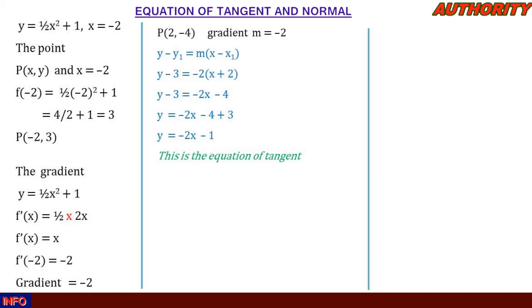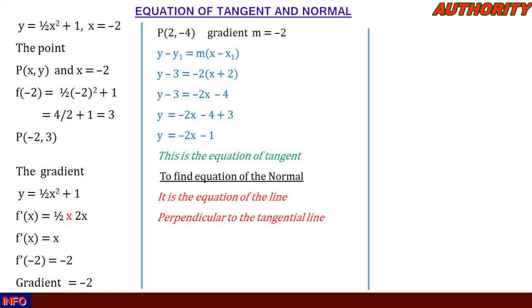The next thing remaining is for us to find the equation of the normal. The equation of the normal is the equation of the line that is perpendicular to the tangential line. It is the equation of the line that is perpendicular to this equation of the tangent that we just got.